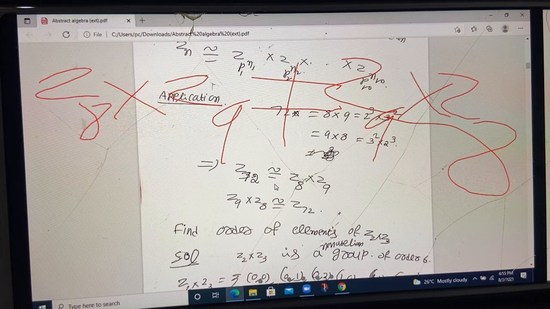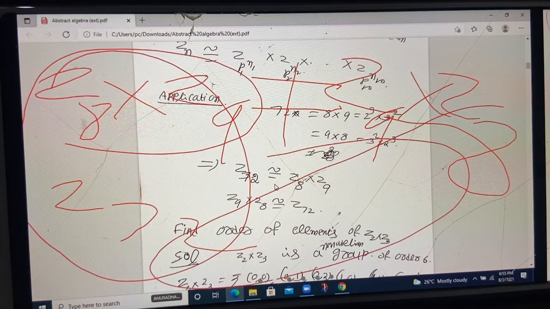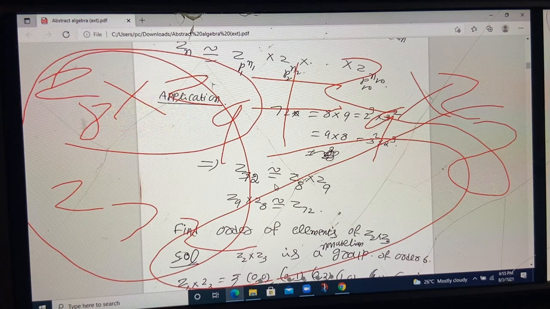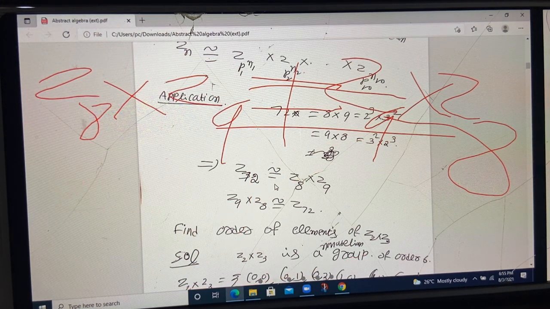They are equivalent. Z72 is equivalent to this. These two are isomorphic. Isomorphic is similar. They are similar, but you cannot say they are equal. You cannot say it, because A cross B is not equal to B cross A.